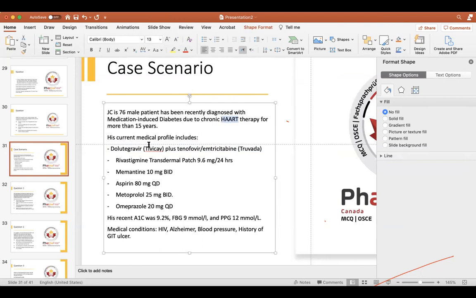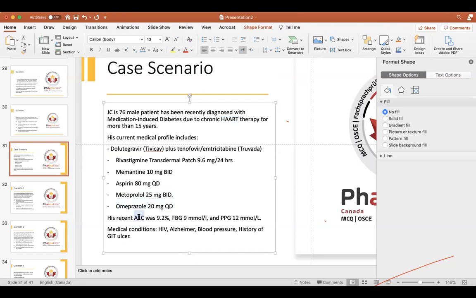Okay. His current medication profile includes the HAART, he takes TVK with Truvada, Rivastigmine transdermal patch, Memantine 10 mg, aspirin 80, metoprolol 25, omeprazole 20.